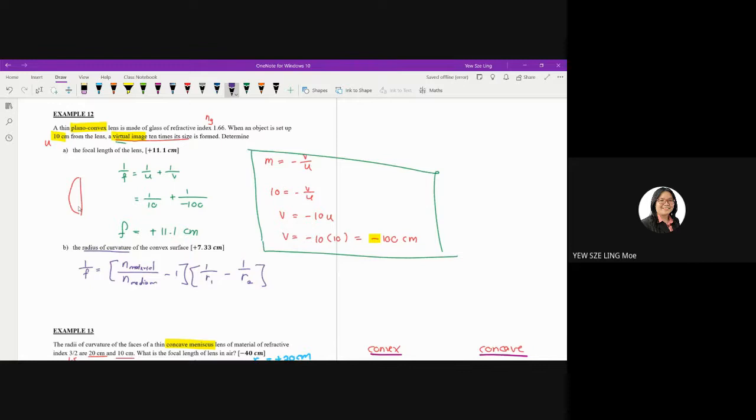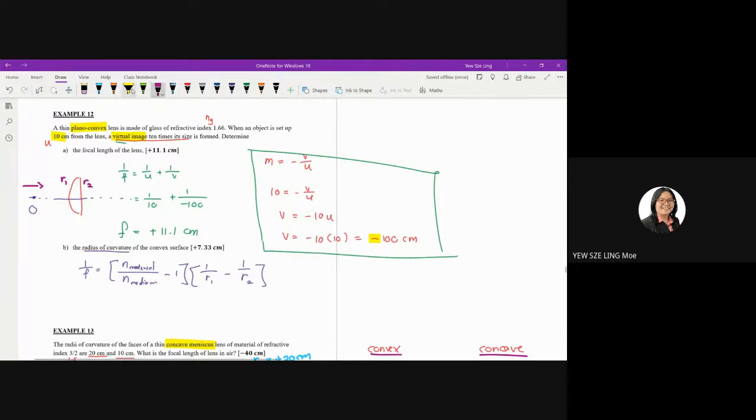Let us go back to the diagram. So this is your diagram. Let's assume your object is located on the left-hand side. Then your incident light ray is going to come from the left-hand side. When it hits this surface, this one is acting as R1 and the second one will be acting as R2.